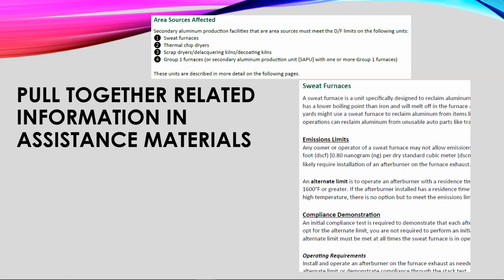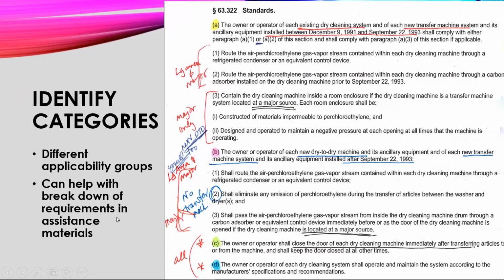And so this way I can break out, these are just screenshots from our fact sheet on the secondary aluminum rule, where we highlight the 4 pieces of equipment or groups of equipment that are affected for area sources, and then break each of those down, and the color coding in my printed copy will have given me the sections on emissions limits for the sweat furnaces, compliance demonstration for the sweat furnaces, and so on. And that works to make that a little easier to tackle.